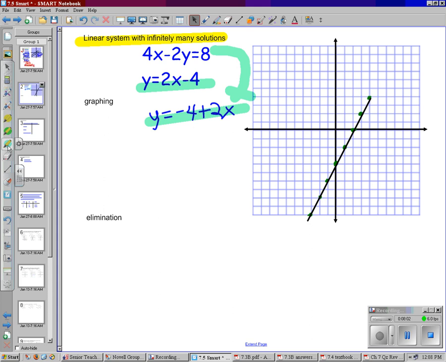How many times do they intersect if they're the same line? Do they intersect once? Twice? 3 times? 4 times? 5 times? How many times, Ben?